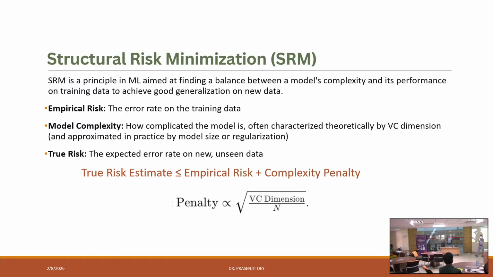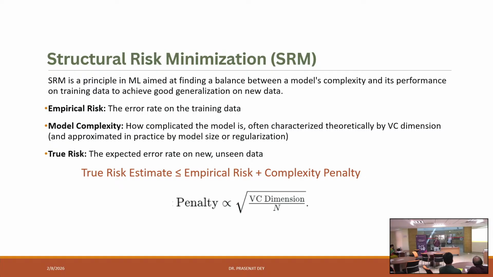Empirical risk is the training error, and the training error along with the complexity of the model will always be greater than the test error or true error. Now the penalty, the complexity of the model, is strictly defined by the VC dimension and the number of samples. Here n is the number of samples.